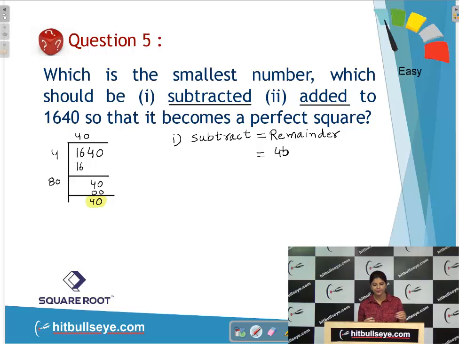But in the second part of the question, where we have to find what needs to be added, there is one step that is different. Now, while taking the root, we have picked up the digit 0 because we want to have a product which is immediately lesser than this 40.